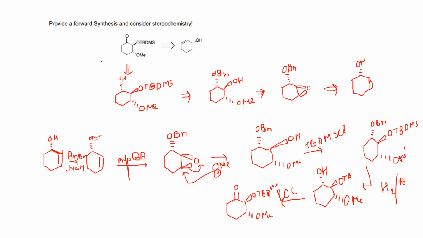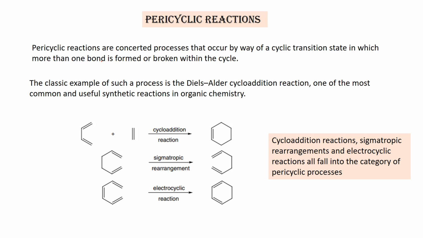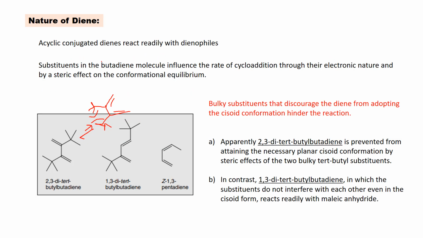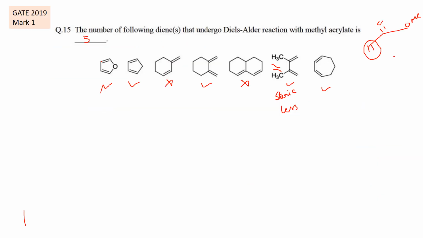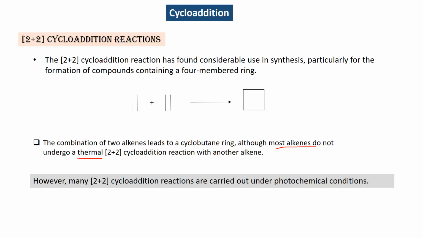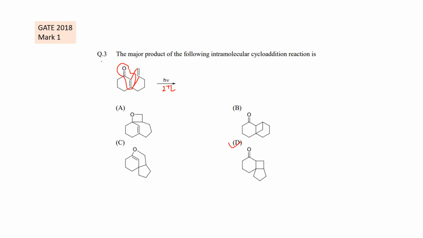Then we have drawn the retrosynthesis of this compound. Next we have discussed some cycloaddition reactions followed by the Diels-Alder reaction, then how the stereoelectronic effect controls a reaction. Then we discussed one of the previous year questions and how we can determine the electronic effect. Then we discussed the 2+2 cycloaddition reaction and one example from there.